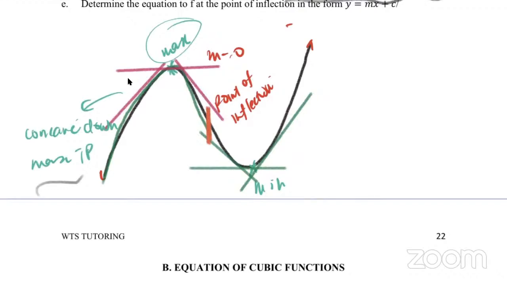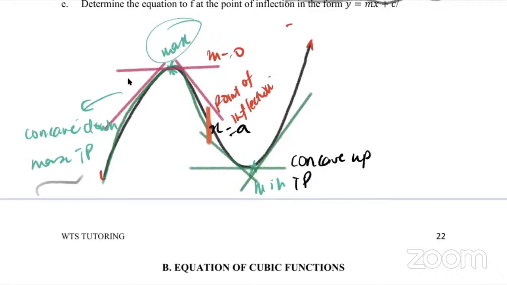Now this point of inflection is very important. Let's say the point of inflection is at x equals a. So the value of x at that point of inflection equals a. If you're looking for a concave down, remember concave up goes with the minimum turning point.